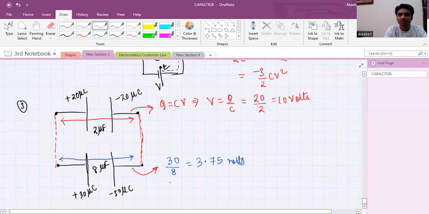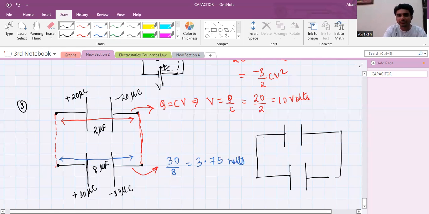The charges will certainly flow. Why will the charge flow? Logically, because these capacitors are connected across the same potential.